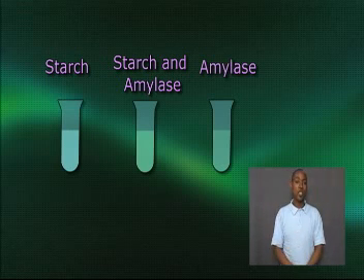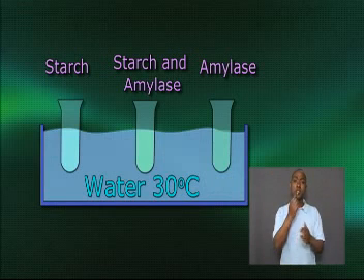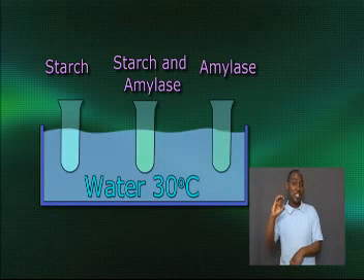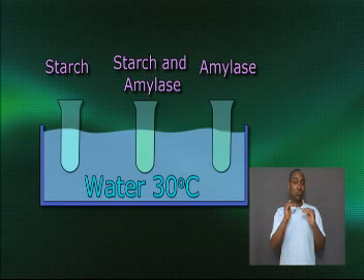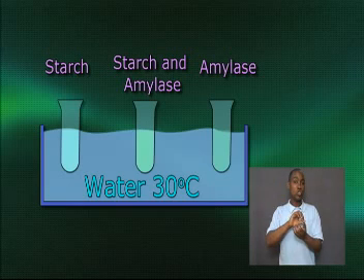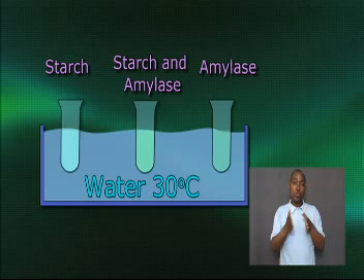The 3 test tubes are placed in 30°C water for 5 minutes. Once the temperatures equilibrate, an equal portion of the amylase solution is measured out and added to the test tube labeled starch and amylase.